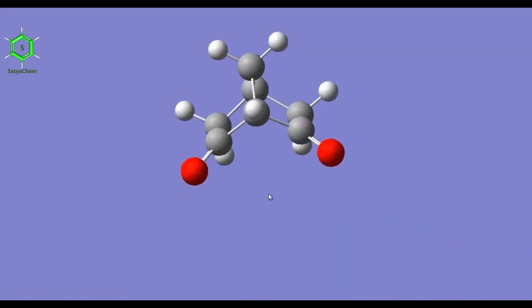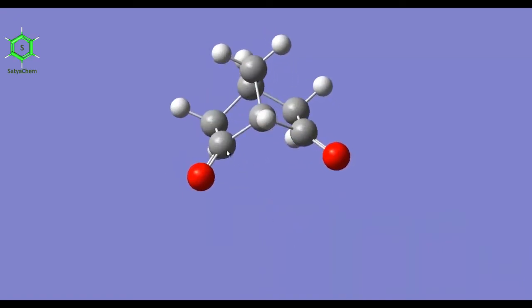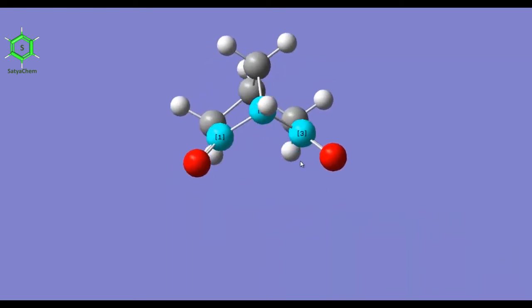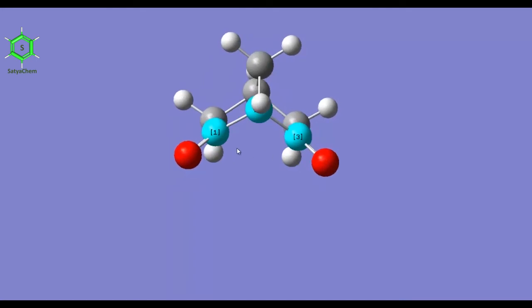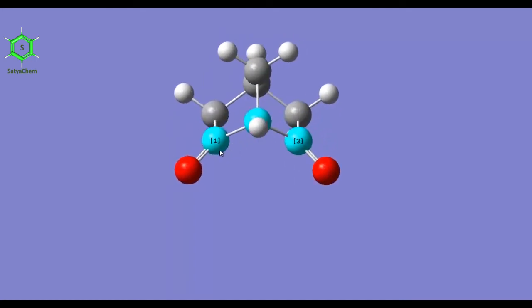Now I am showing you the actual geometry. See, these three carbons are not planar, so that is why a double bond is not possible here.